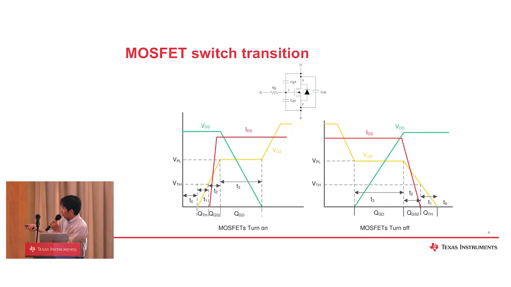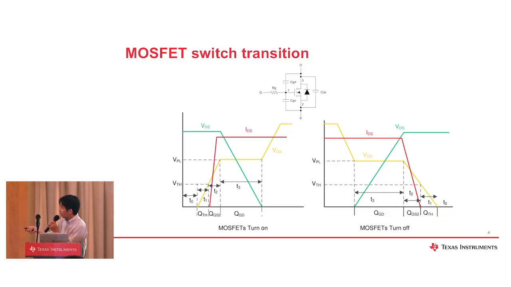At T3, the VGS stays constant, and the VDS continues to decrease to the zero value, and IDS stays at the maximum value. The VDS approaches close to zero, and the IDS is still at the maximum.